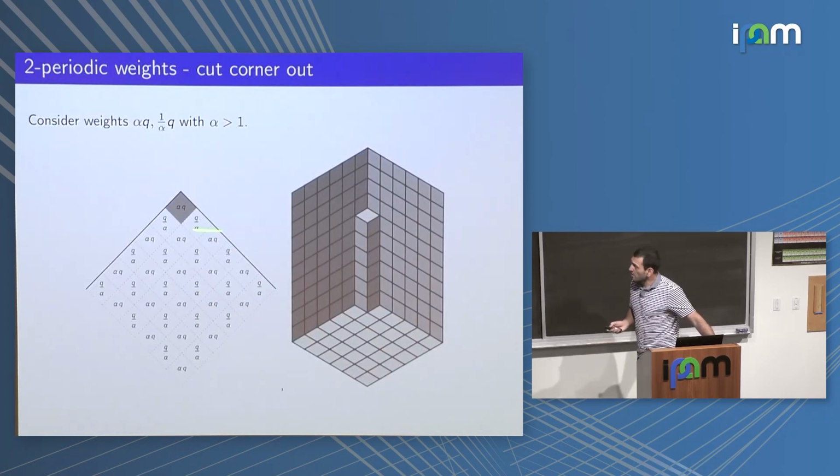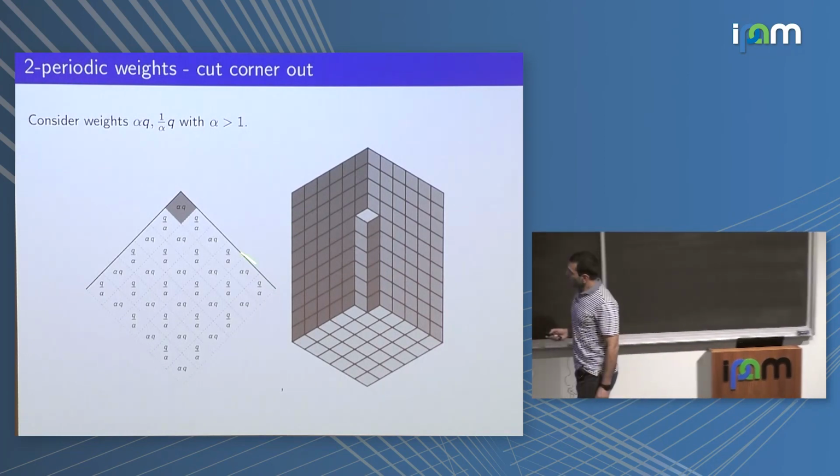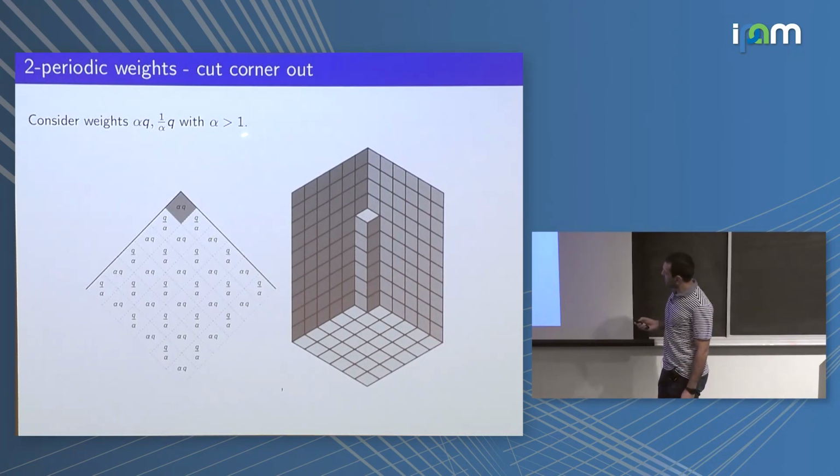And so to demonstrate that, let's look first at the two-periodic case. So the weights I'm considering are alpha 1 q, alpha 2 q, but alpha 1 times alpha 2 should be 1. So essentially, I'm looking at the weights alpha q, 1 over alpha q. So now what happens? Well, I have some parameter alpha bigger than 1. To every box that's over here, we're associating weight alpha q.